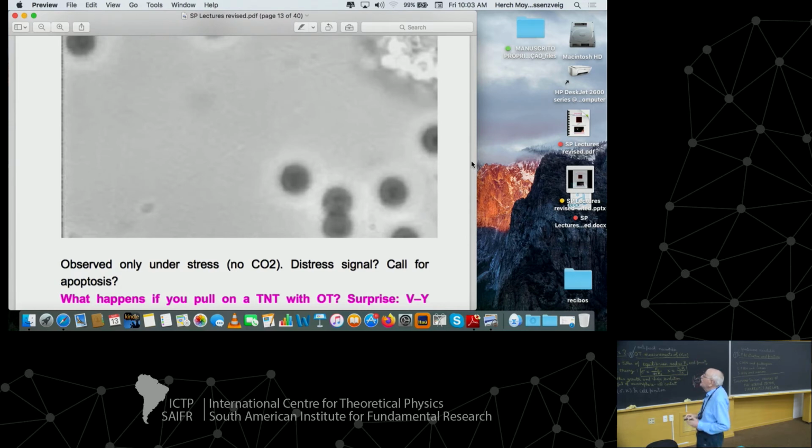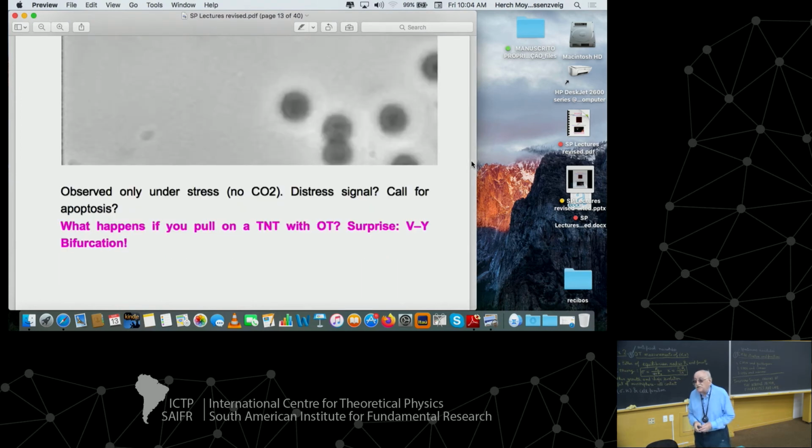Okay? So this is observed only under stress, when there was no CO2 available. So the guess is that the cell here is sending a distress signal, calling for an apoptosis signal from the other cell. Okay? Good.